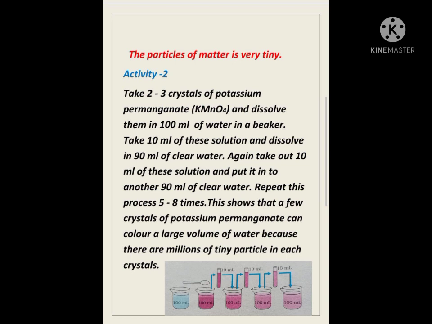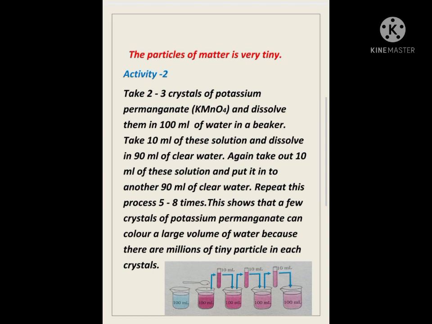Again take out 10 ml of this solution and put it into another 90 ml of clear water. Repeat this process 5 to 8 times. This shows that a few crystals of potassium permanganate can color a large volume of water because there are millions of tiny particles in each crystal.